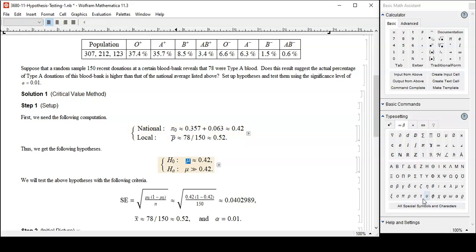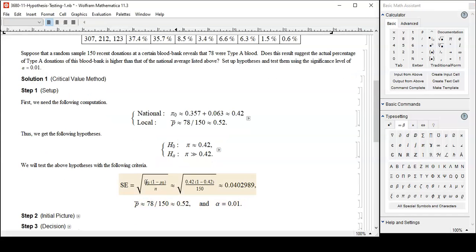And then this is proportion pi greater than 0.42, equal to 0.42 and so on. This should be proportion, and this should be pi 0, not mu 0, like those. Yes, you can do it like this, but I usually don't bother because in the end you have to plug in numbers anyway. The choice of characters are not that important.